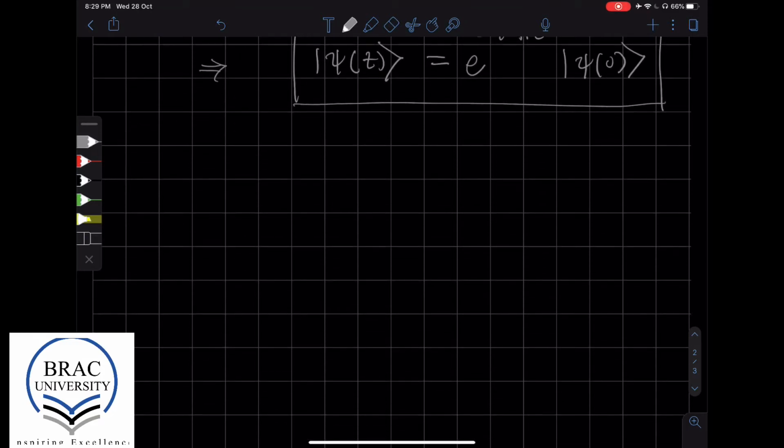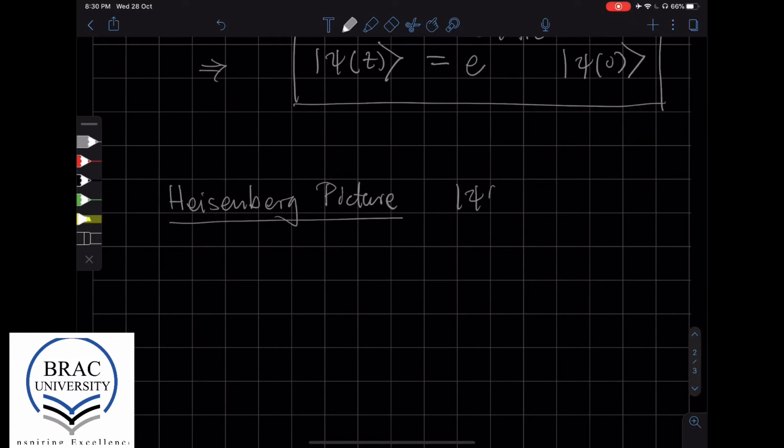Now, in quantum field theory, especially when we're dealing with free quantum field theory, it is convenient to use instead the Heisenberg picture. So the Heisenberg picture is a view of quantum field theory where the states are taken to be frozen in time. Usually they're taken to be at time 0.